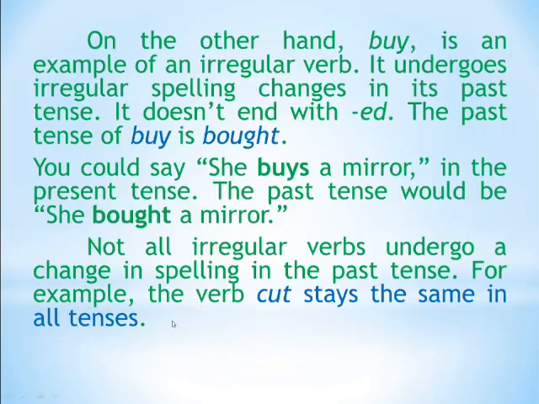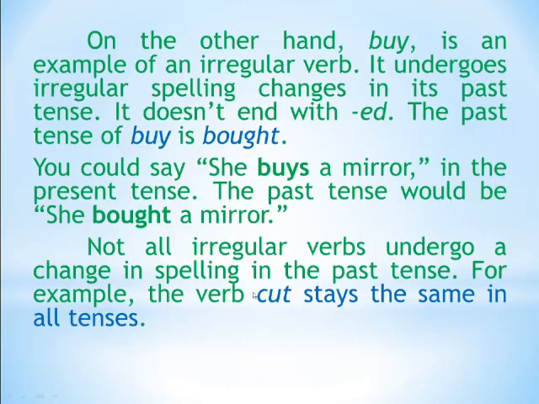And here you must understand, in all cases we are not just changing the words to make the past of that verb. For example, here we have made that change: buy was made into bought, so that we get the past of the word buy. But in some verbs, we need not change the word to make it past.